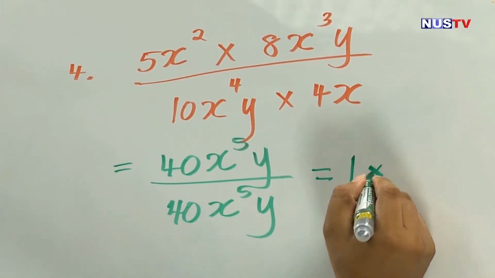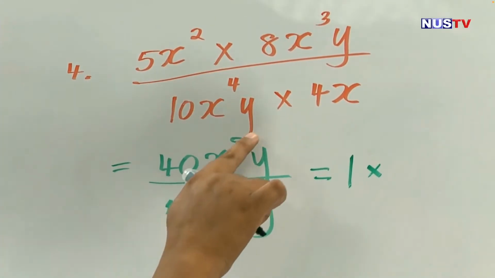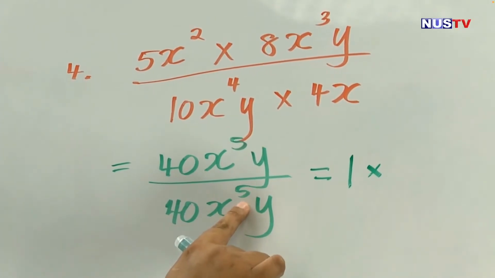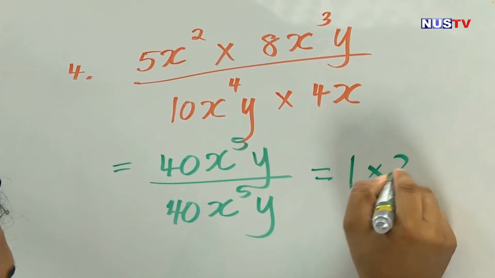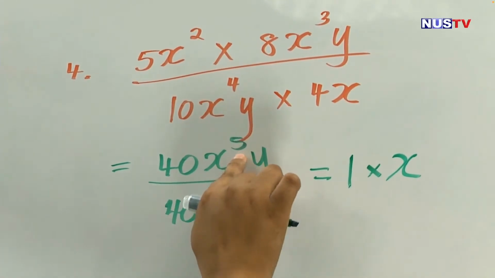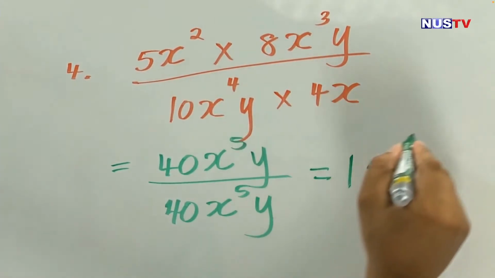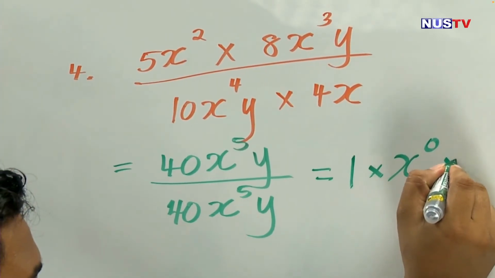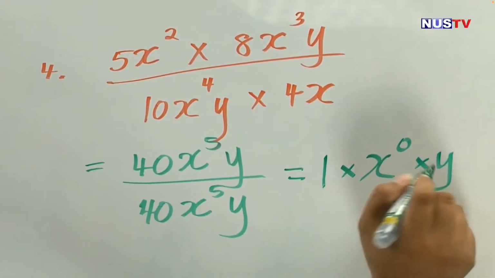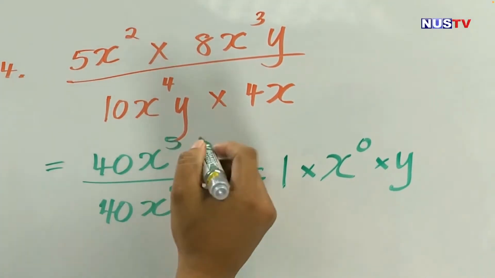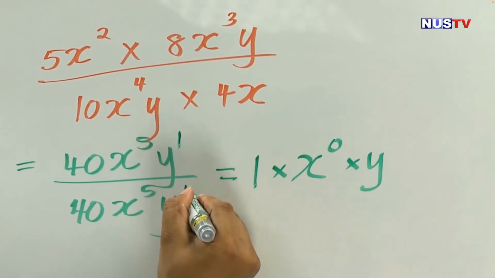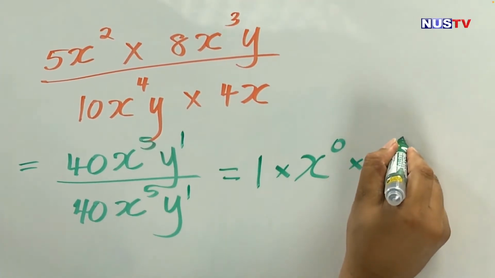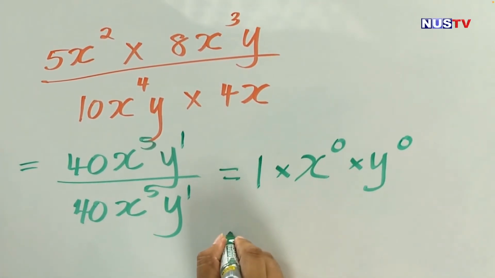So now I'm going to multiply by x to the power of 5 divided by x to the power of 5. That will be x to the power of 5 minus 5 because of the division. So that will be x to the power of 0. And then we're going to multiply by y to the power of 1 here, minus that power of 1 here. So it will be y to the power of 0 as well.